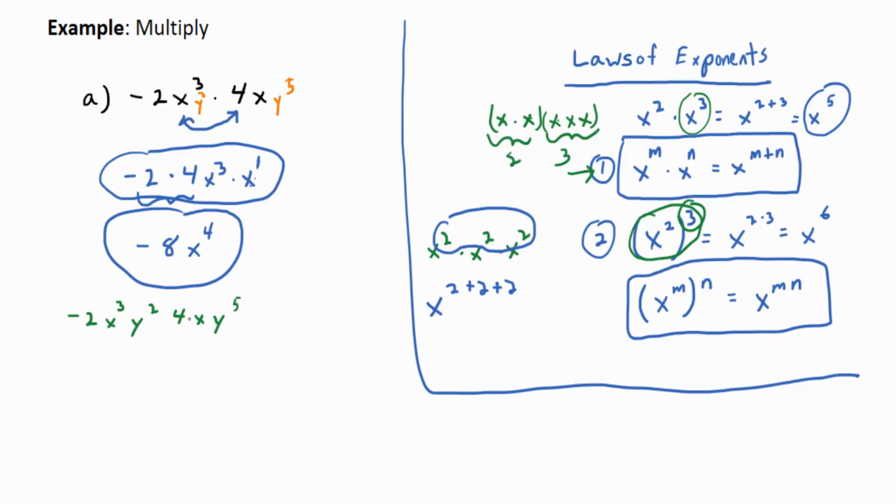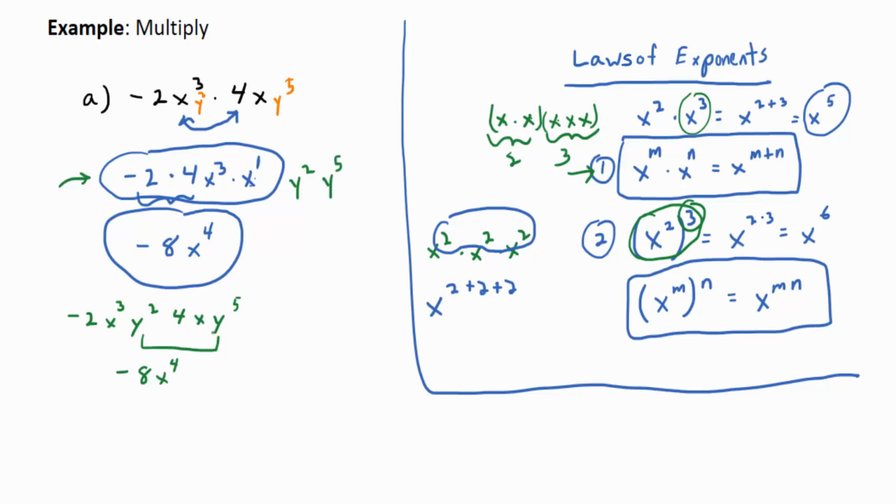No, you're still going to get the same factors you had before. In addition, you're still going to get negative 8x to the 4th, and then you're also going to multiply the other like bases together. If you were to rearrange the multiplication like we did up here, you'd have a y squared times y to the 5th on the end.